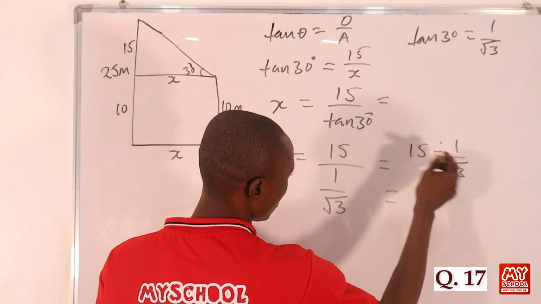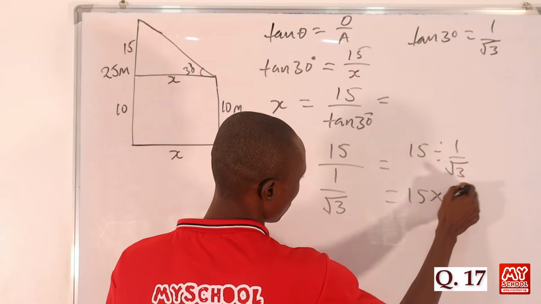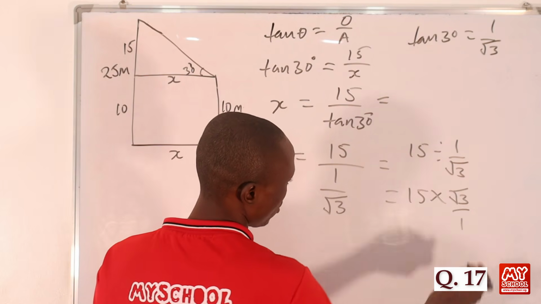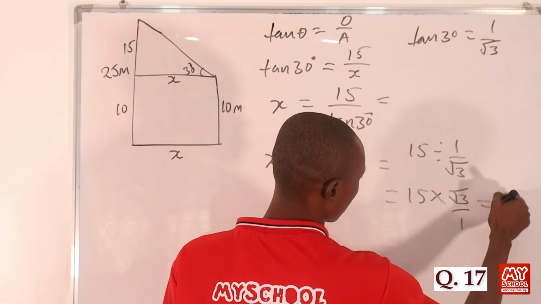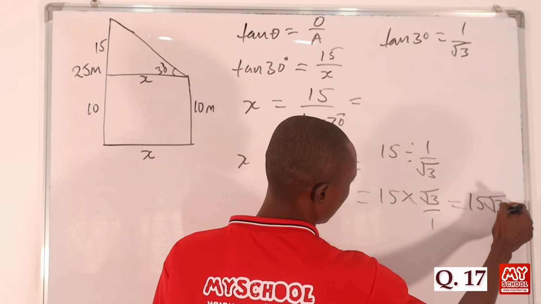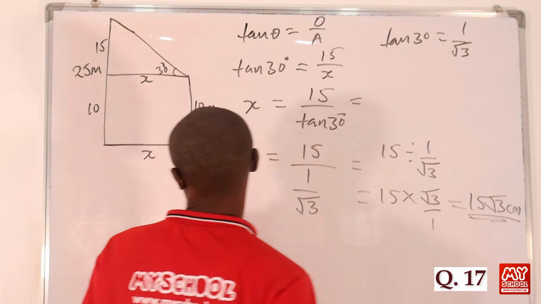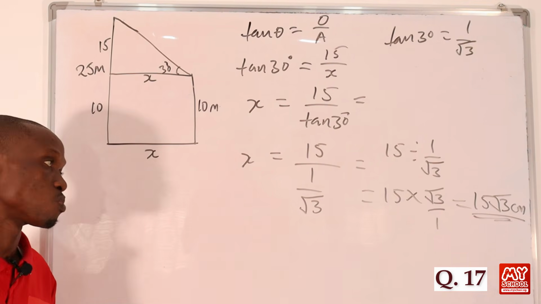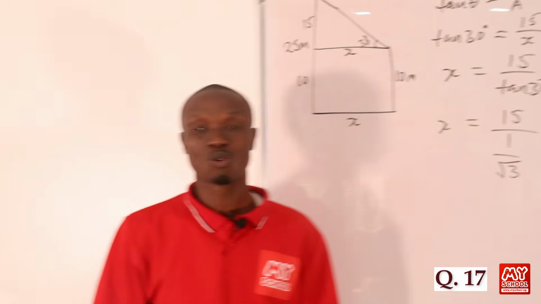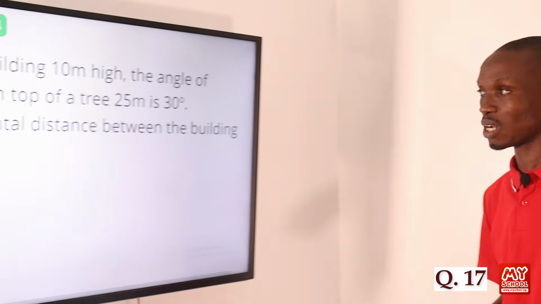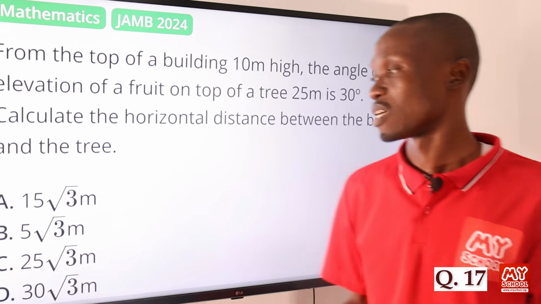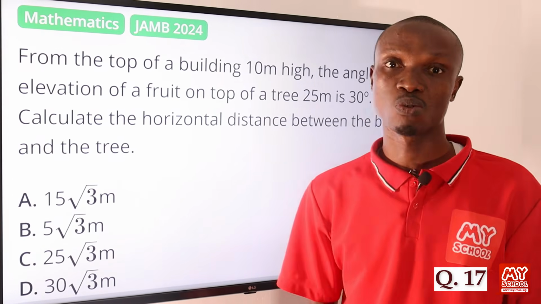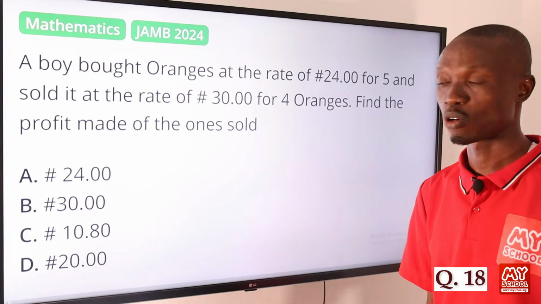Of course, we can change this, so this becomes 15 times root 3 over 1, right? So that our answer becomes 15 root 3 centimeter. So the distance between the building and the tree is equals to 15 root 3 centimeter. So let's return back to the screen to pick the correct answer to this question, and that is option A, 15 root 3 centimeter. Question 18.